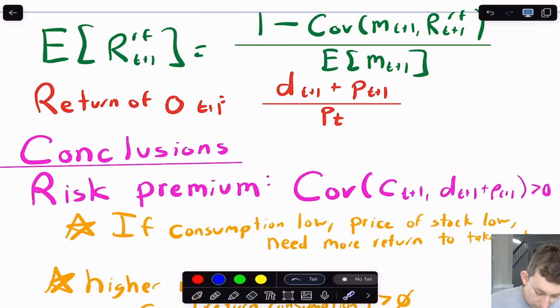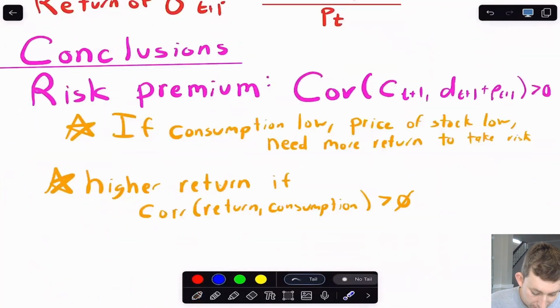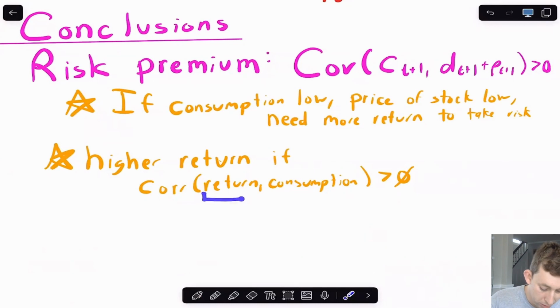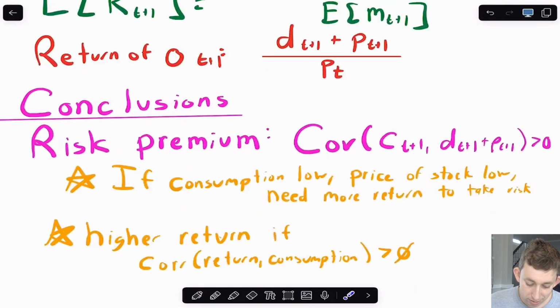So what I'm basically going to say is that you're going to get a higher return for the Lucas Tree asset if the correlation between the return of the bond and the consumption in the next period is greater than 0. And why is that true? Well, basically what I'm saying is that if you're going to have a lot of coconuts tomorrow, then you are going to need a higher return from this asset.